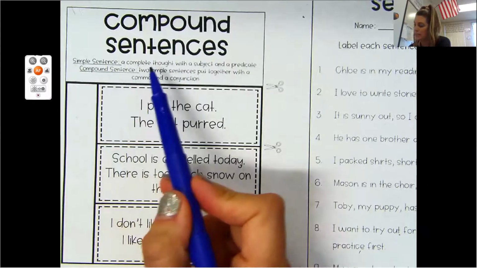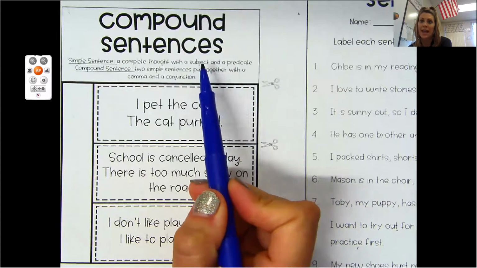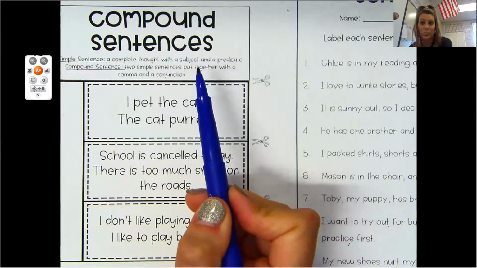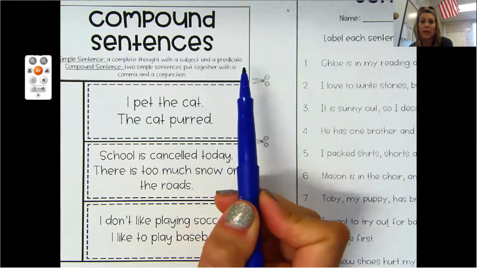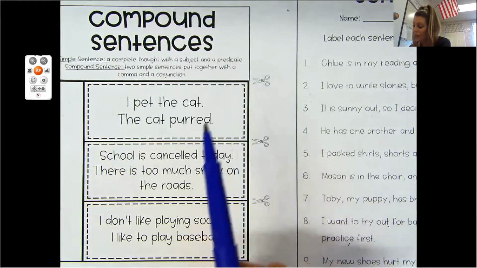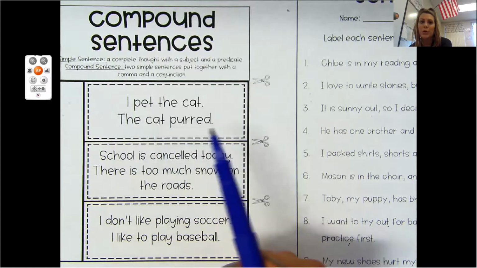So let's just refresh our memory. A simple sentence is a complete thought with a subject and a predicate. Remember, subject is who or what we're talking about. The predicate is explaining what the subject is doing, right? I pet the cat. The cat purred.